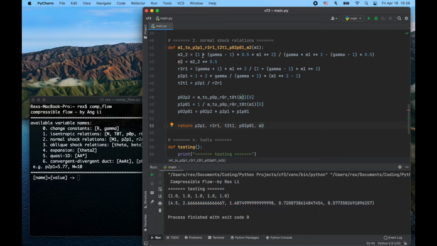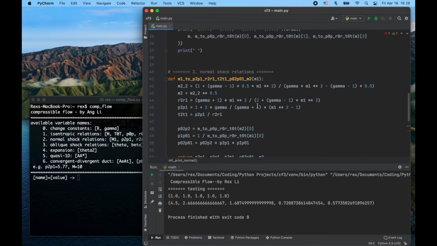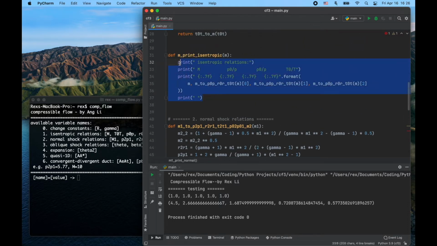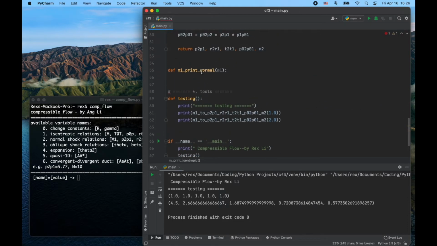Next, I would like to print the result like before. So define M1, print normal. We give it M1. Just copy this to here.